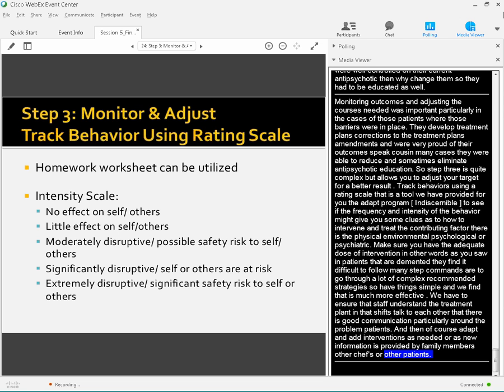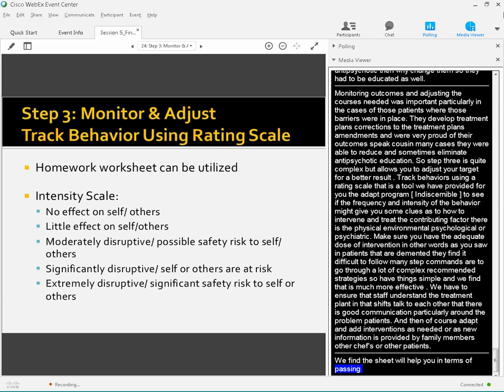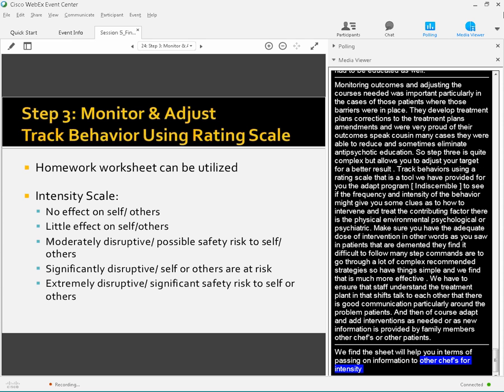We find that the sheet also will help you in terms of passing on information to other shifts. For instance, the intensity scale should be helpful to ongoing shifts. Some of the behaviors may not have much effect on others, but some may be very disruptive.